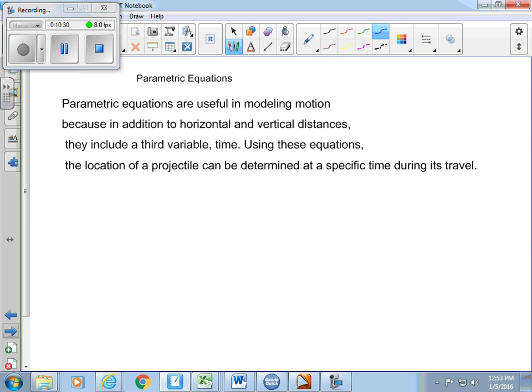So that's where parametric equations are important. Other than that, they are not too terrible to work with. They just have a time component. And much like a vector, which we will talk about next week, they have a horizontal component and a vertical component, an x and y component with respect to time.